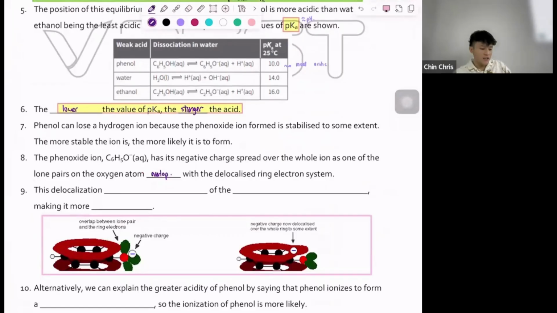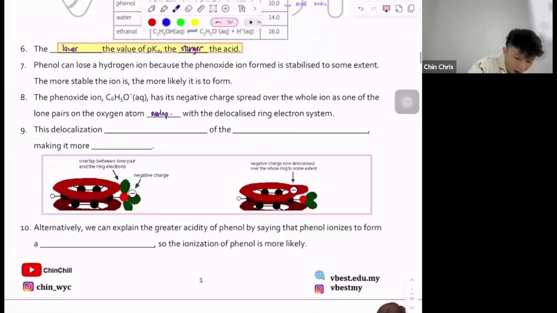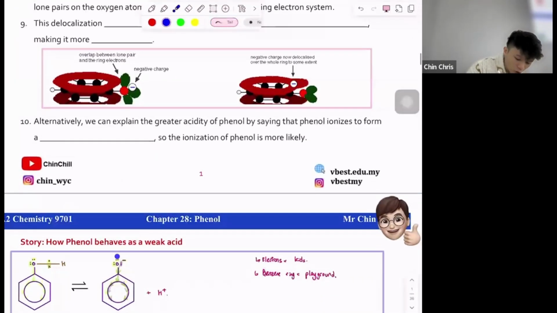Just now I did mention that your phenoxide ion is very stable. Why is the phenoxide ion very stable? Because the lone pair delocalizes into the benzene ring, which reduces the charge density.